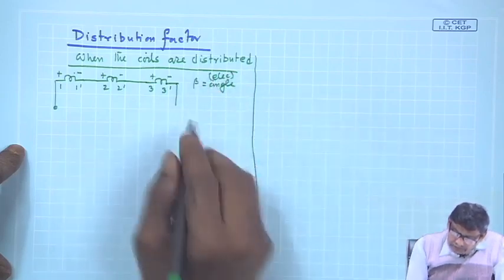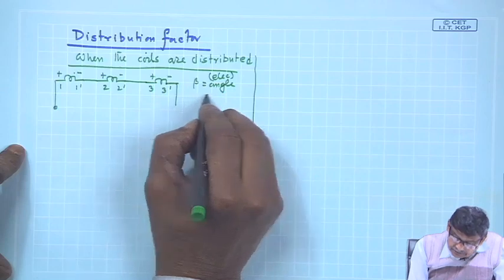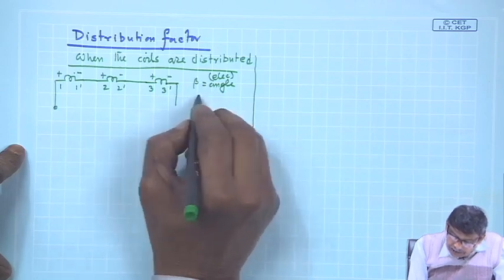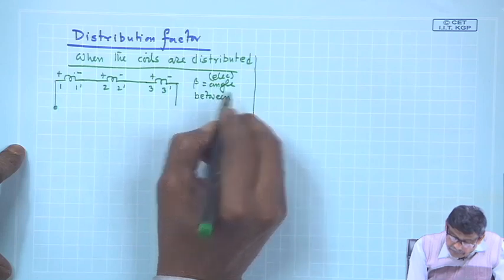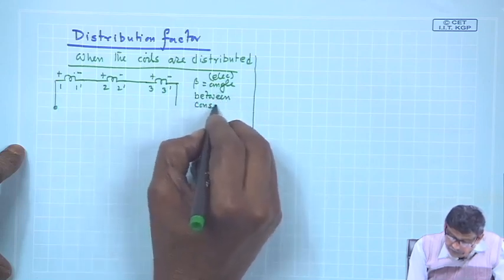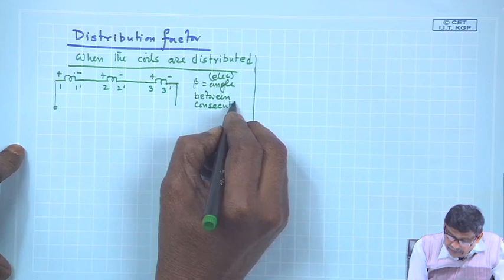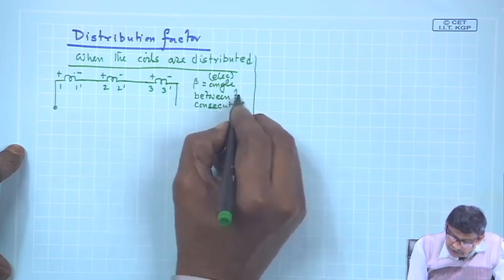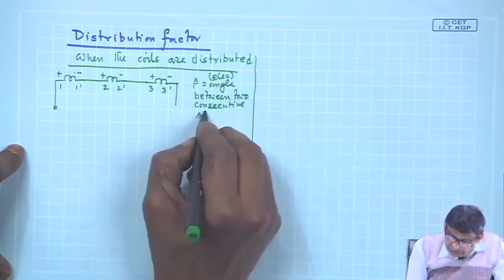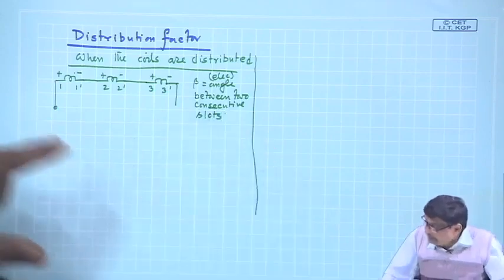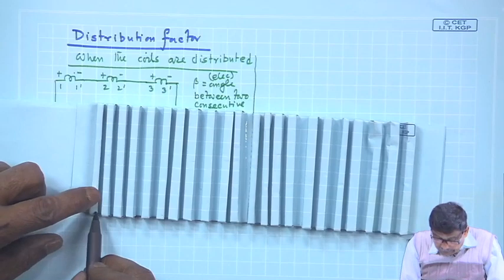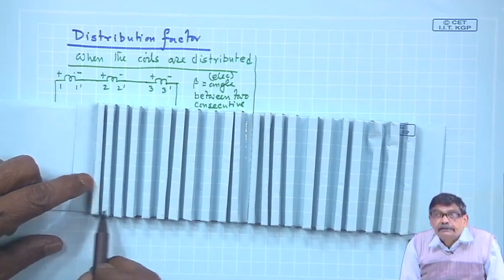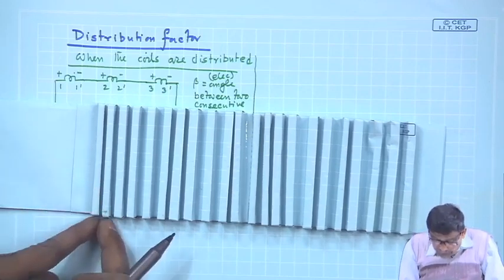So, beta electrical angle is equal to the angle between 2 consecutive slots, that is this angle. What is the angle?